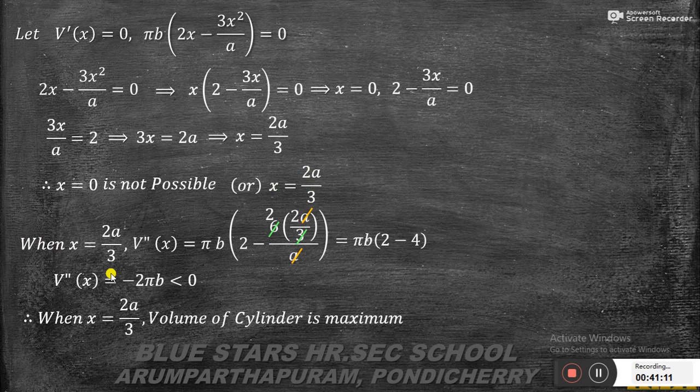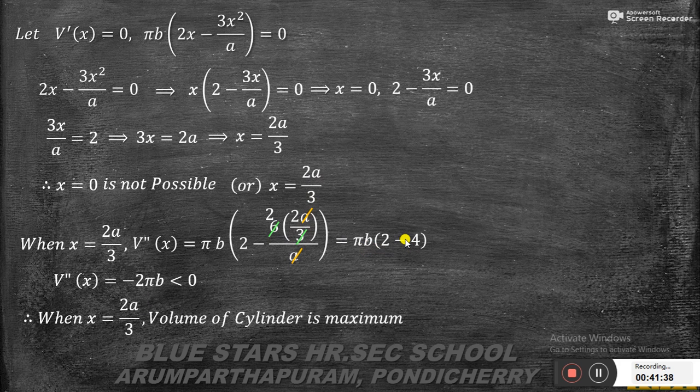Therefore, when x equals 2a by 3, I substitute in the second derivative: V double dash of x equals pi b into 2 minus 6x by a, with x equals 2a by 3, so minus 6 into 2a by 3 by a. Next, a cancels and the 6 and 3 simplify, so pi b into 2 minus 4.